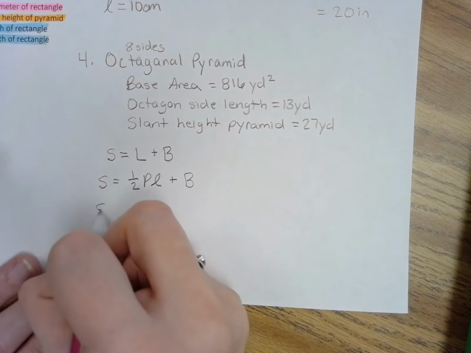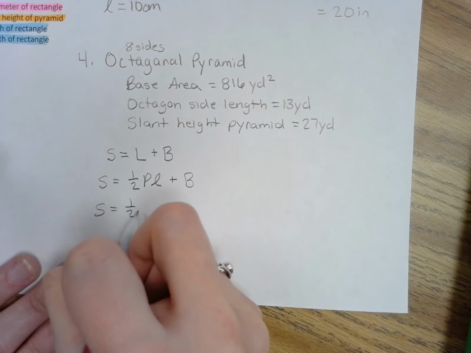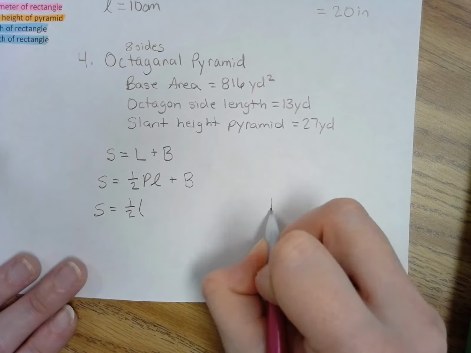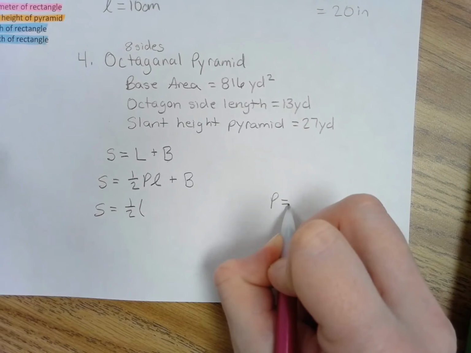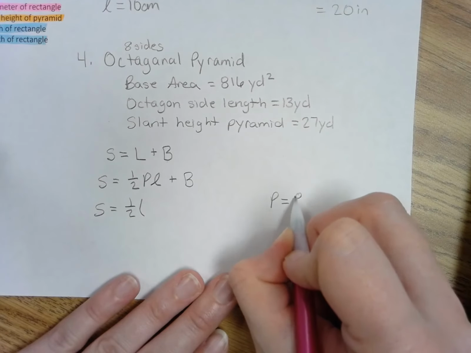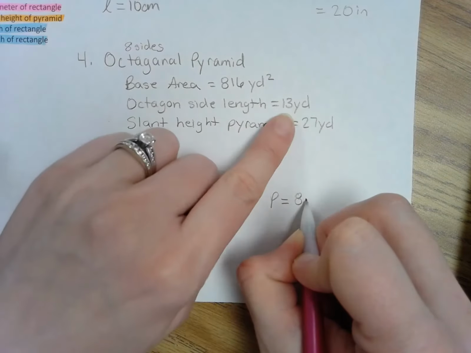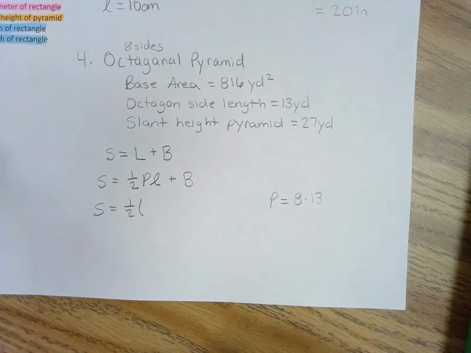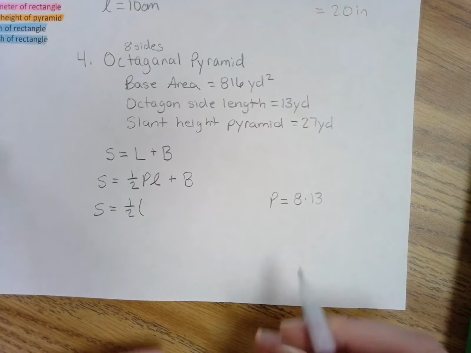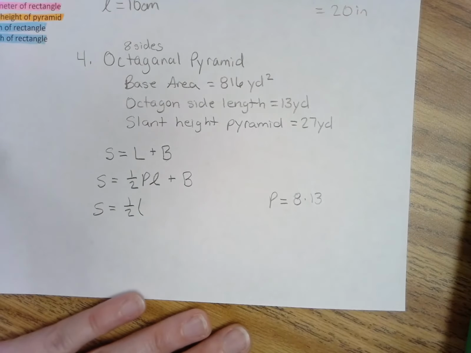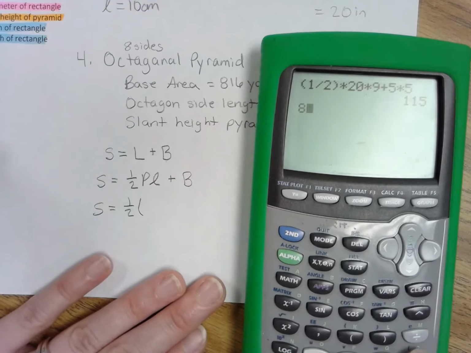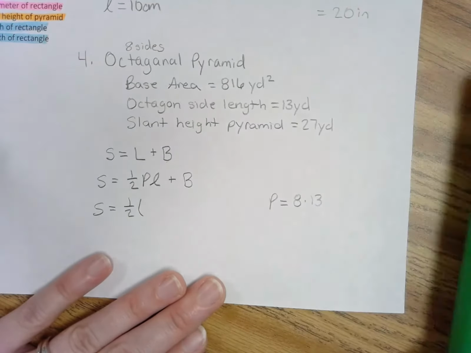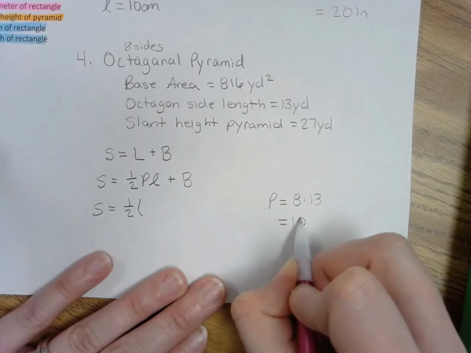So we can just plug that in for our base area. So let's work this out. Our surface area is going to be 1/2 times the perimeter. So let's go off to the side. The perimeter of that octagon on the bottom is going to be 8 times the 13. You could add up 13 8 times, but multiplication would get to that value faster. So 8 times 13 gives us this perimeter of 104.